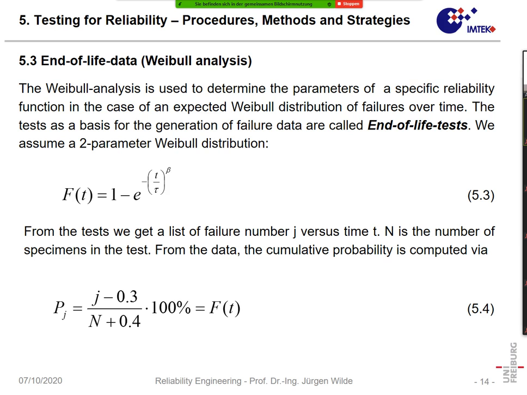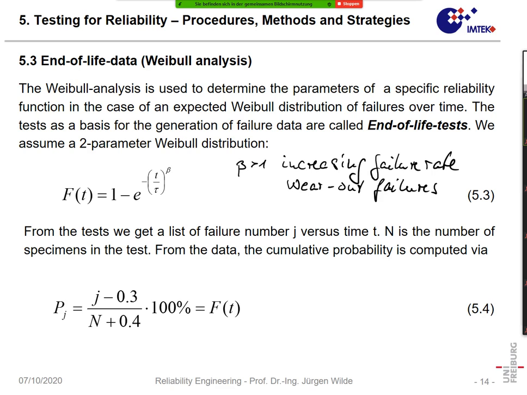We have an increasing failure rate. We have so-called wear-out failures. While on the other hand, when we have beta smaller than 1, we have decreasing failure rate.